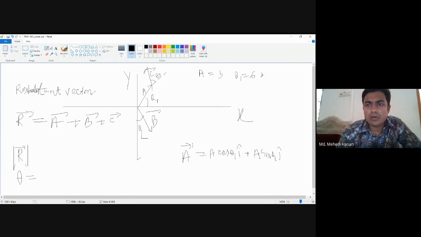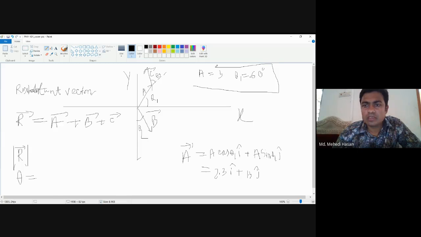Now if we put the values, we can easily find out the vector in unit vector notation. Let us consider the result is like that, say 2.3i plus 1.3j. This is not the exact result, we just consider this is a vector. So you have to calculate this.